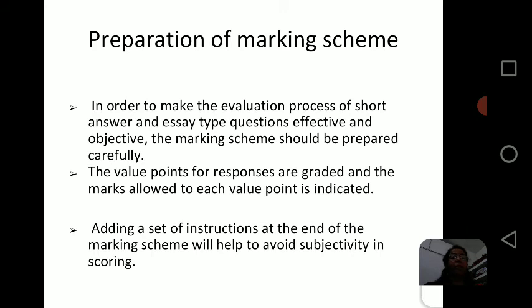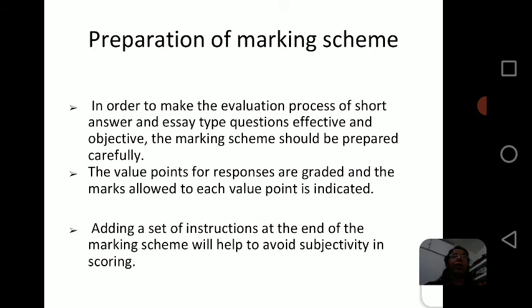Prepare the scoring key for objective type items, and prepare a marking scheme in order to make the evaluation process of short answer and essay type questions effective and objective. The marking scheme should be prepared carefully.